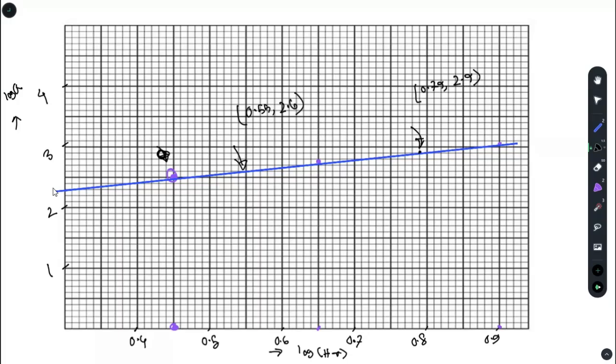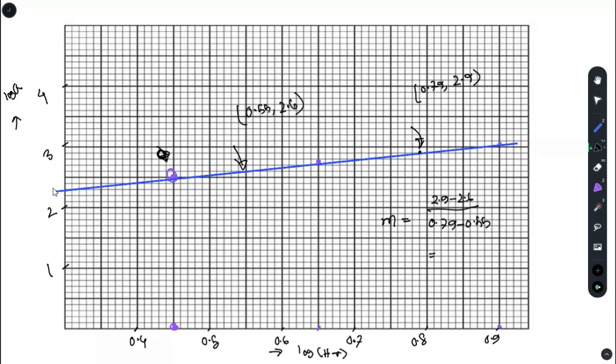From that, I'll get a slope. The slope would be 2.9 minus 2.6 over 0.79 minus 0.55.